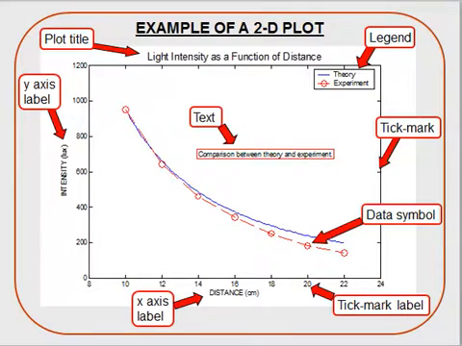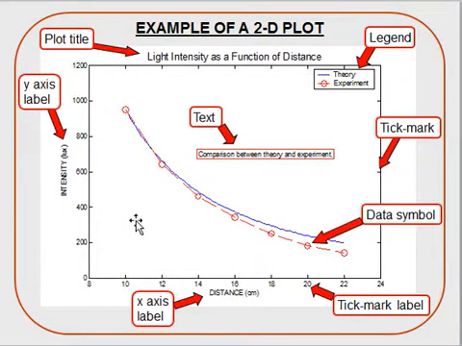Here's an example of a 2D plot. It's the simplest of all the plots I've just mentioned. This plot has a title that describes the dependent and independent variables, and y-axis and x-axis labels.